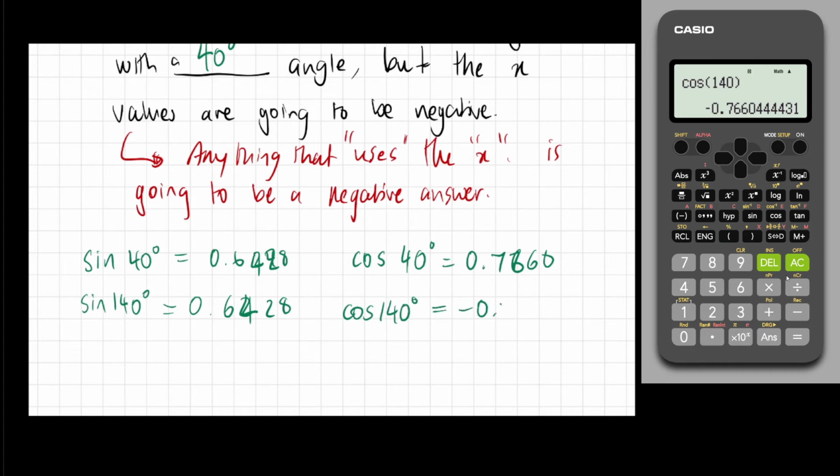So what does this mean for you guys? What this means for you guys is the following. If you know what the sine or the cosine is for an acute angle, so between 0 and 90 degrees, then you can work out what the obtuse angle is by using the rules that we've just stated above, okay?